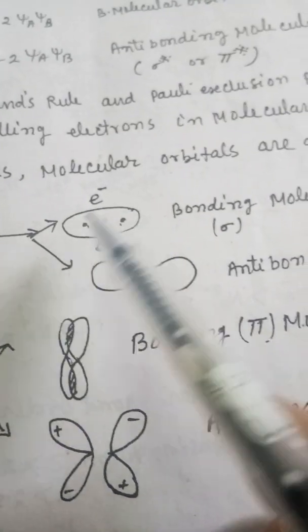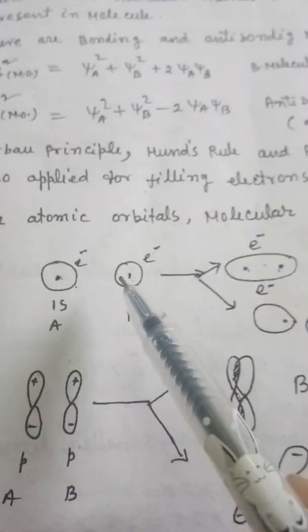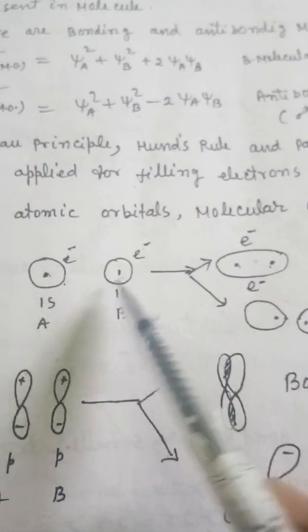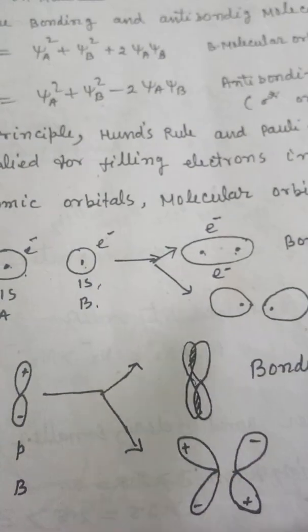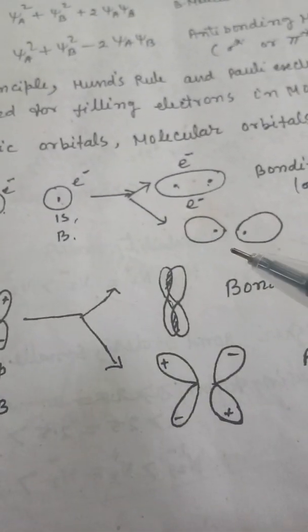So this is the shape of the bonding molecular orbital when two s atomic orbitals are linearly combined together.